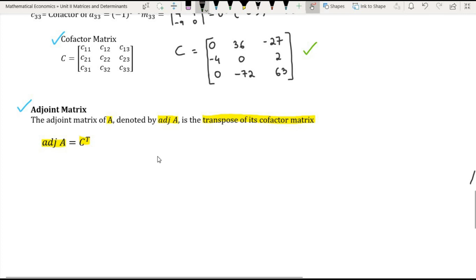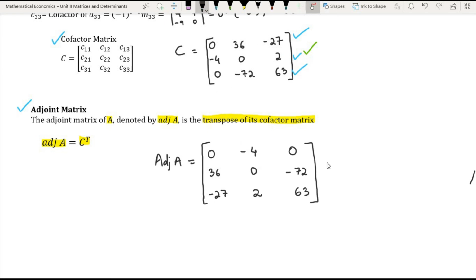The adjoint matrix of matrix A, written as ADJA, is equal to transpose of the cofactor matrix. The transpose of the cofactor matrix is obtained by rewriting the rows into columns and columns into rows. Let us rewrite the first row as first column, the second row as second column, and the third row as third column. So this is the adjoint of the given matrix A.